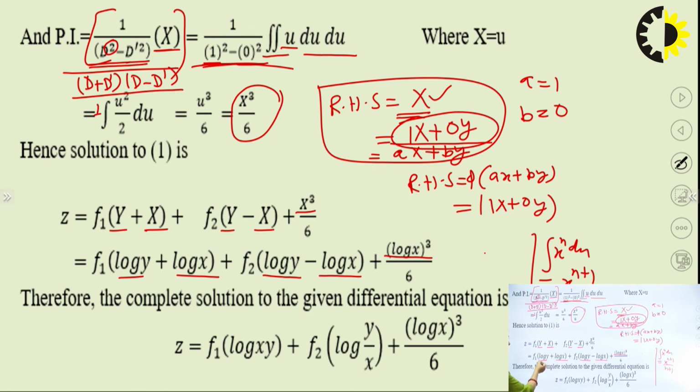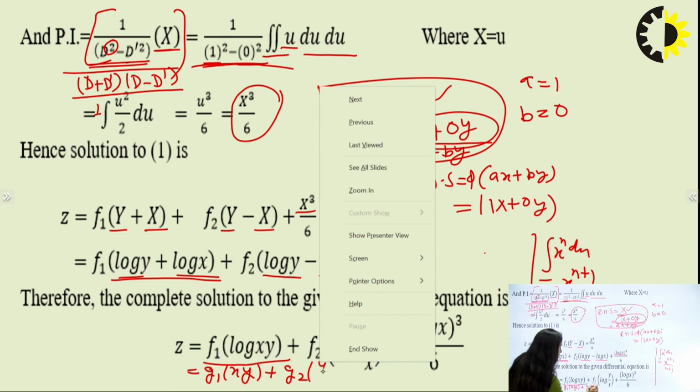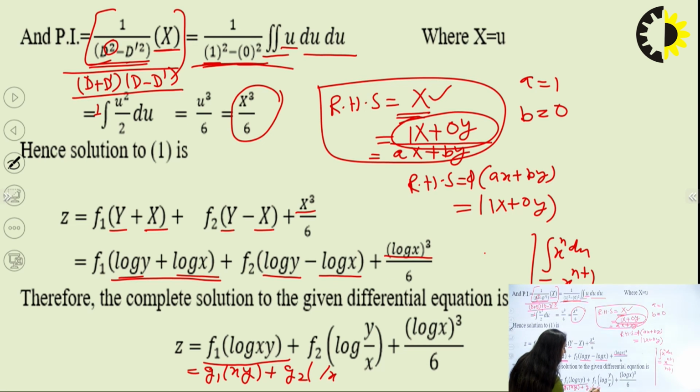Again on applying the formulas of logarithms, we will get f1 of log xy plus f2 of log y upon x plus log x whole cube by 6, and we can again write it as g1 of xy plus g2 of y by x plus log x whole cube by 6. So this is our answer. Thank you very much.